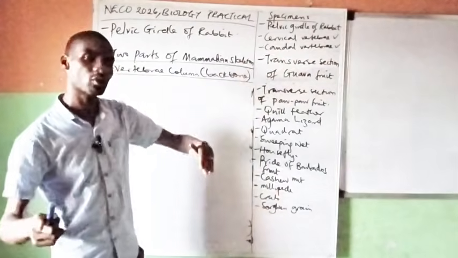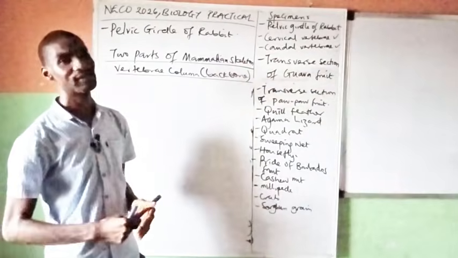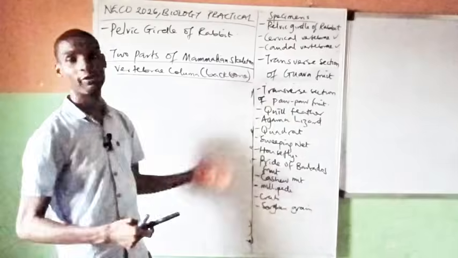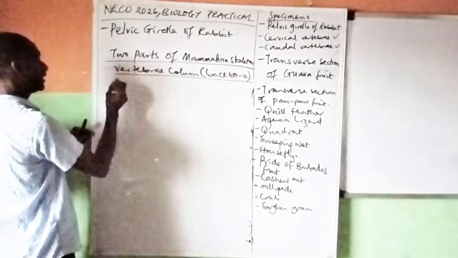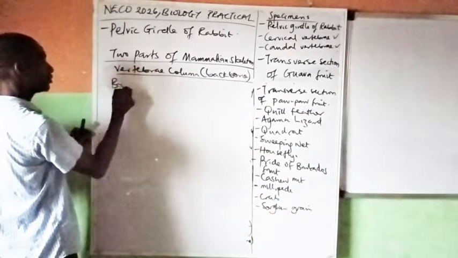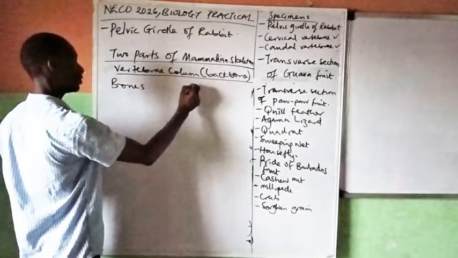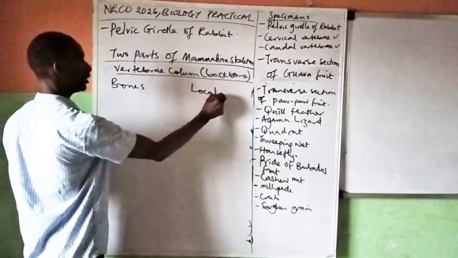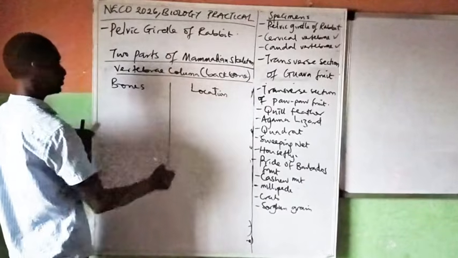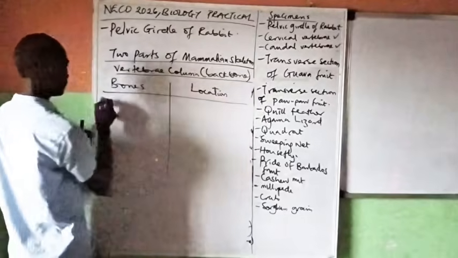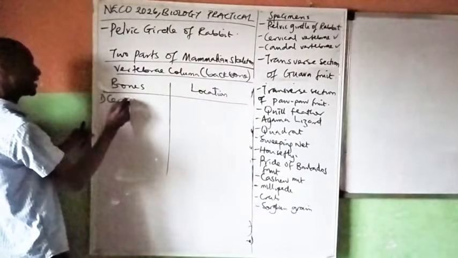What type of bone or what part of the skeletal system does it belong to? What is the function? So let's talk about the bones and then the region or the location in the vertebral column. So the 5 of them, the first one is the cervical.